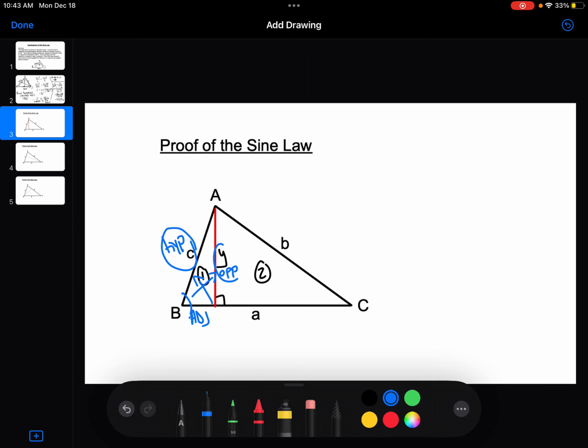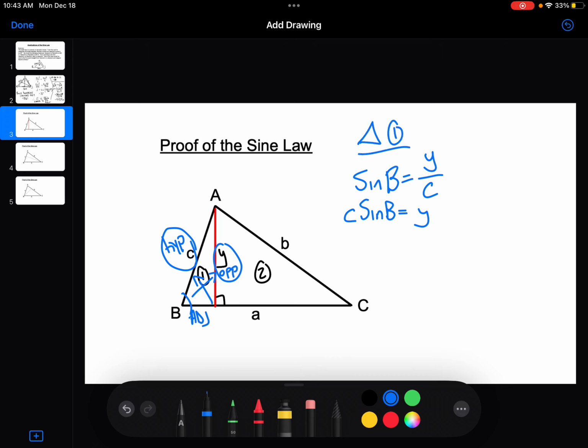We're going to use hypotenuse and opposite because that's sine. So the sine of B would be equal to the opposite, which is y, divided by the hypotenuse, which is c. Now I'm going to solve for y. All I'm going to do is say that c sine B is equal to y. So this is triangle 1.